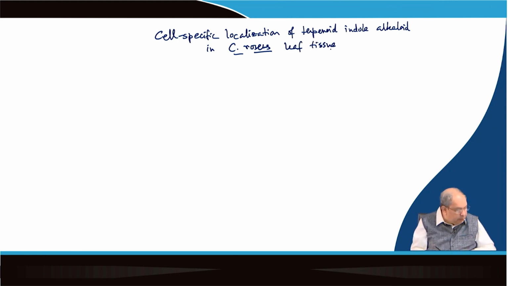So, here one important point to mention is that vindoline particularly accumulates in the aerial parts, that is the above ground parts which contain the green tissue, right. And you will always find vincristine and vinblastine only in the green tissue.